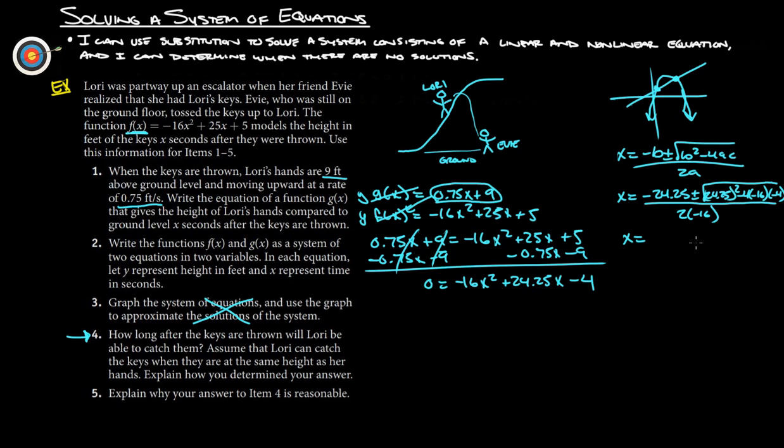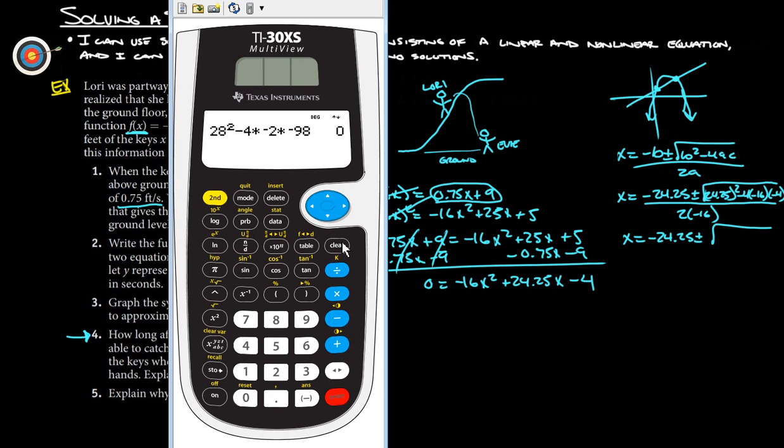All right, taking a heavy sigh, big breath, because this is going to be a lot of math to figure out, isn't it? That's okay. We got this. 24.25 plus or minus the square root of whatever we get for this here.